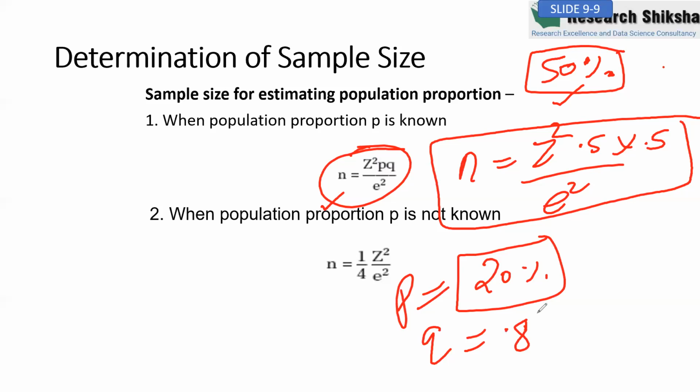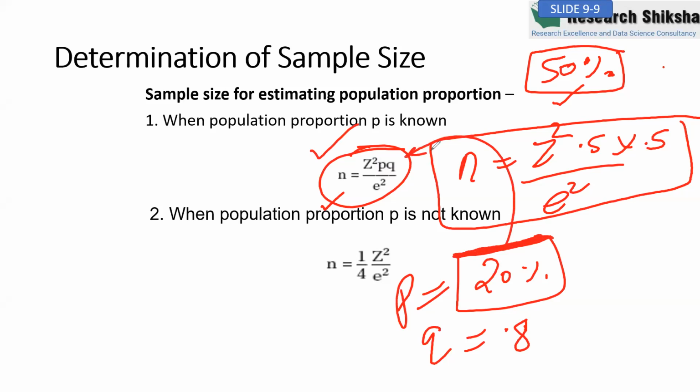So when you know the percentage of the population, then you can apply this formula. But it is also very rare. I found this formula in medical science, where they claim that patients consist of 20% of the population.